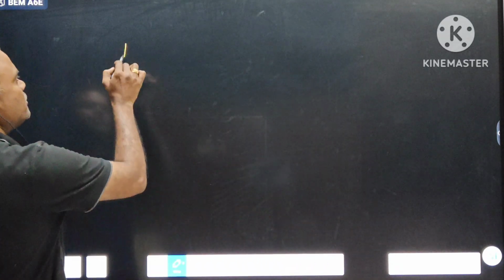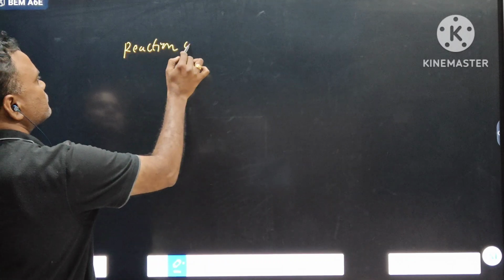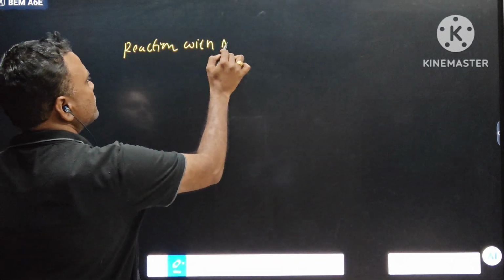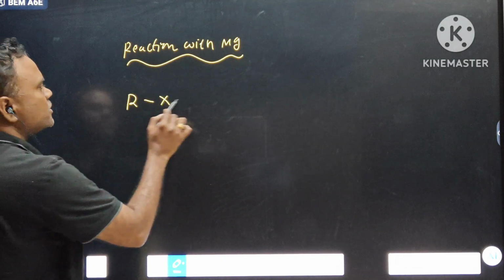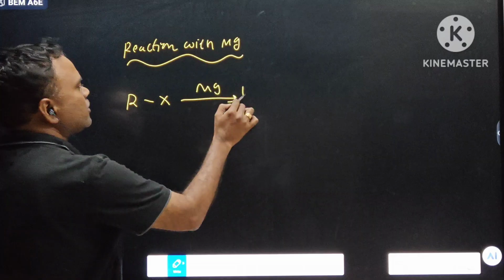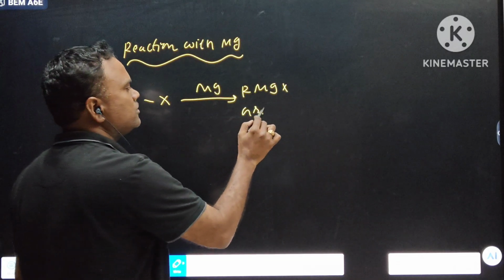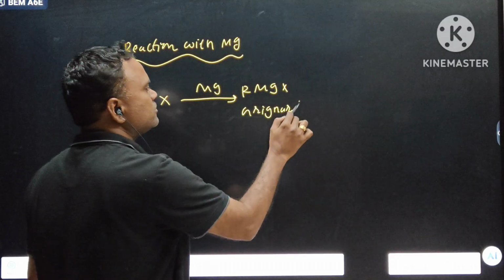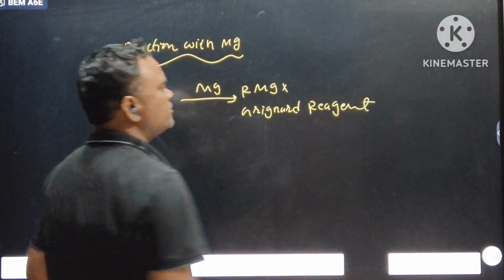Next, reaction with magnesium. Reaction with the magnesium metal. Alkyl halides react with magnesium metal to form RMgX. What is its name? Grignard reagent.